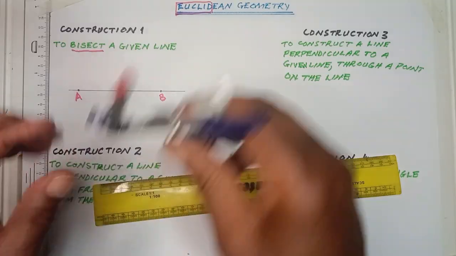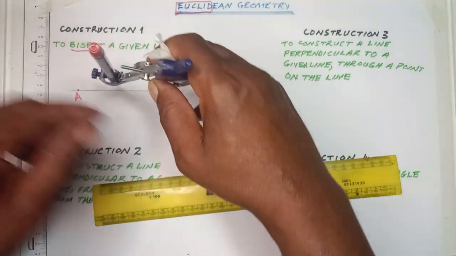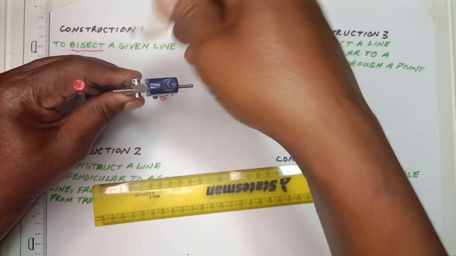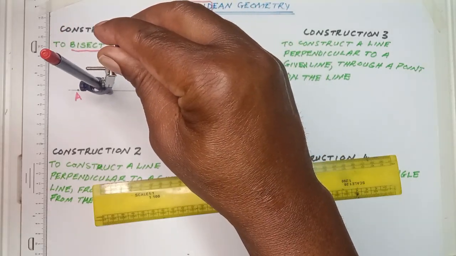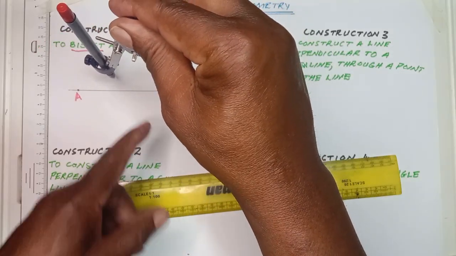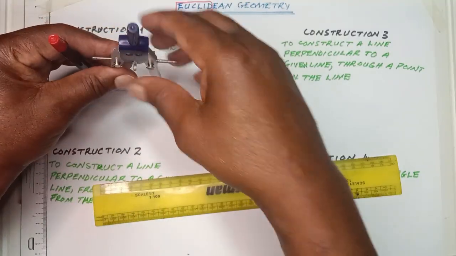Then we open compasses from point A or from point B to a certain radius, and the radius we don't need to measure to know how many centimeters or millimeters it is, but we just estimate a radius that is slightly greater than half of the line.